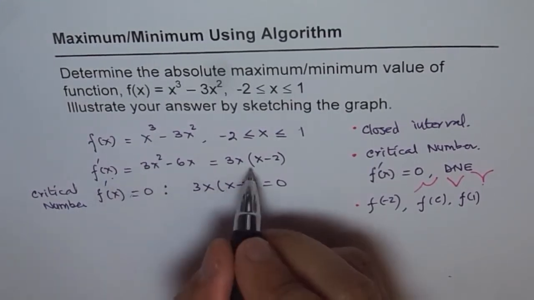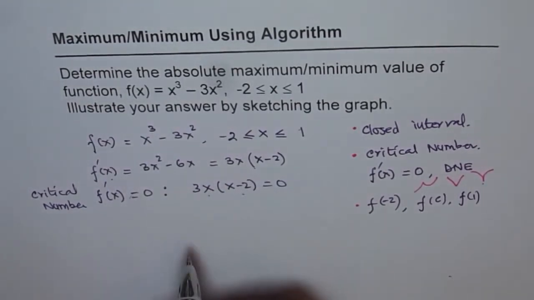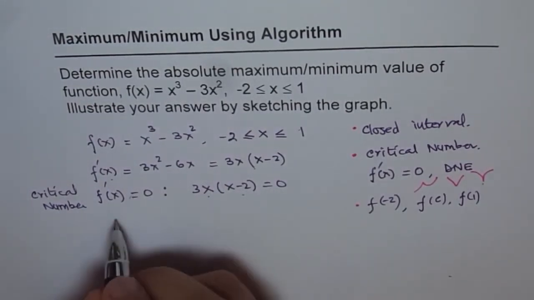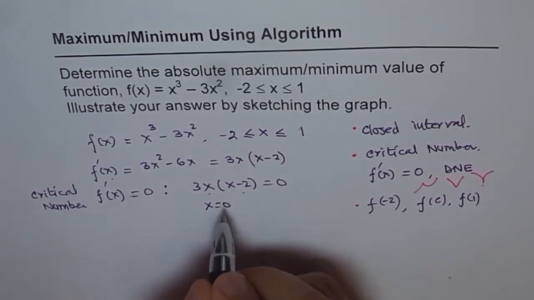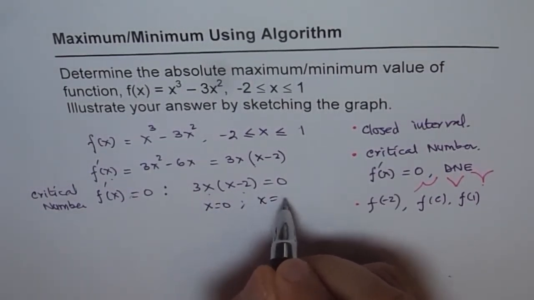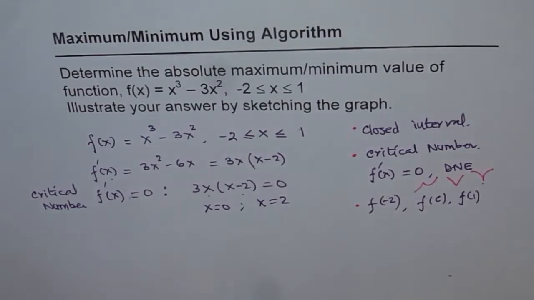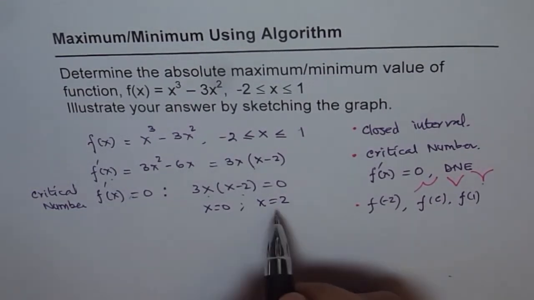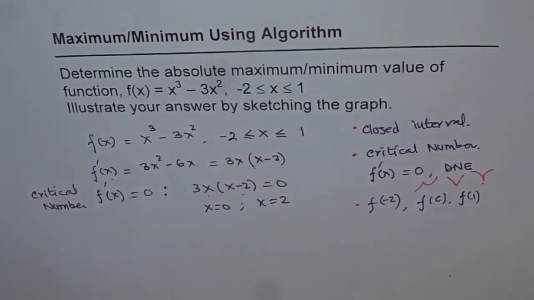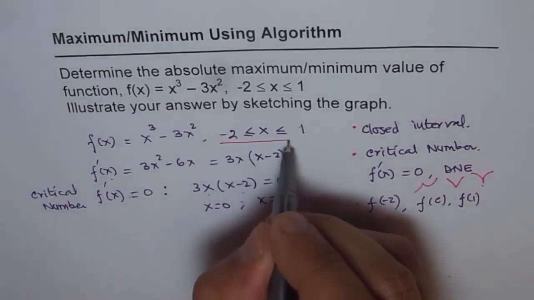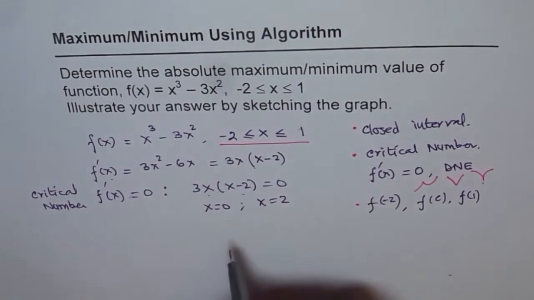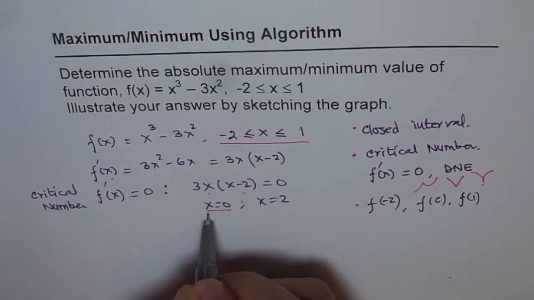So f dash x equals 0 means this is equal to 0, and that is possible at x equals 0 or at x equals 2, right? So we have two critical numbers here. Now out of these two critical numbers, what we notice is our restricted domain is from minus 2 to 1. So only one qualifies, which is 0.